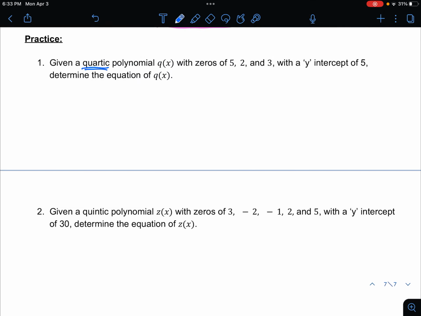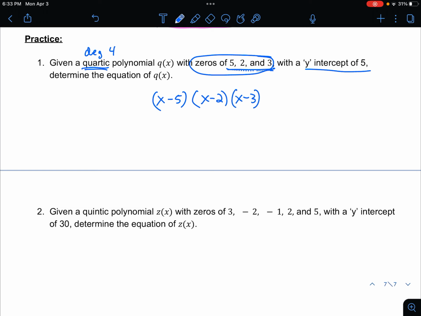So I'll show these examples. First, given a quartic, that's degree 4, polynomial with zeros of 5, 2, and 3, and a y-intercept of 5, determine the equation of q of x. So those zeros tell us, working backwards, that we have factors of x minus 5, x minus 2, x minus 3. We don't yet know the a value, so we're going to put a out in front, and we'll just put q of x.